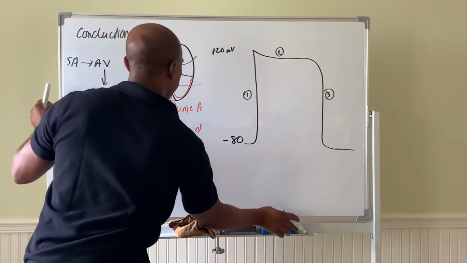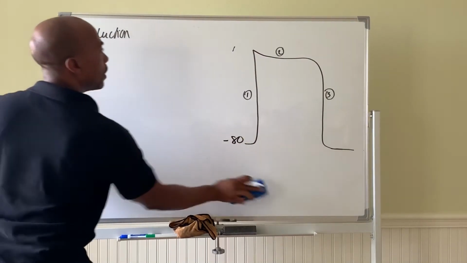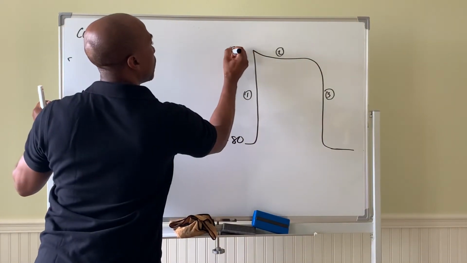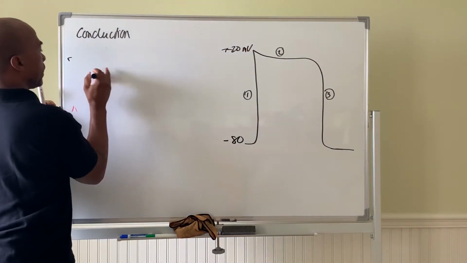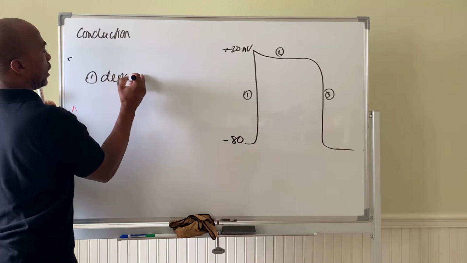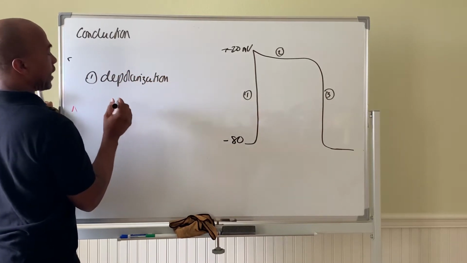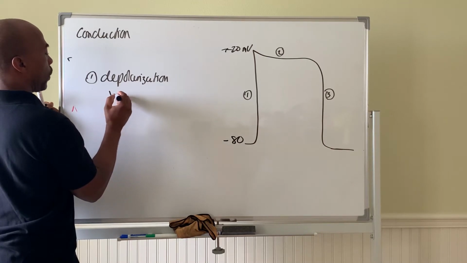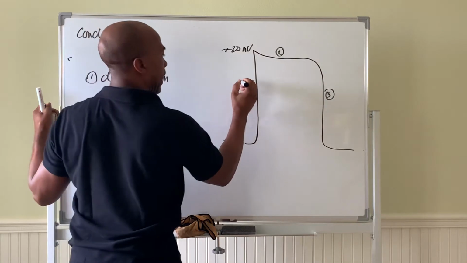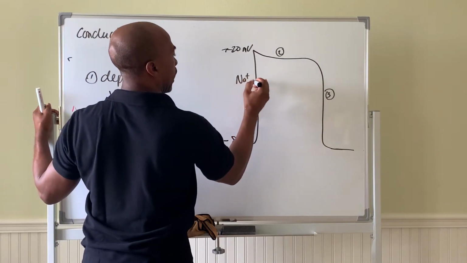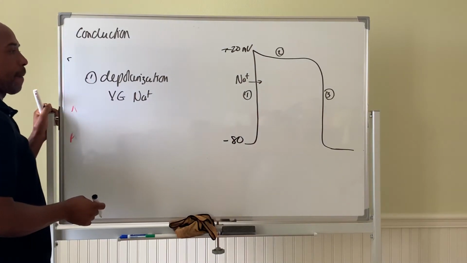So phase 1 is your depolarization phase, okay? That phase happens from voltage gated Na. So now we're back to normal. This is Na going in, creates that phase through voltage gated channels.